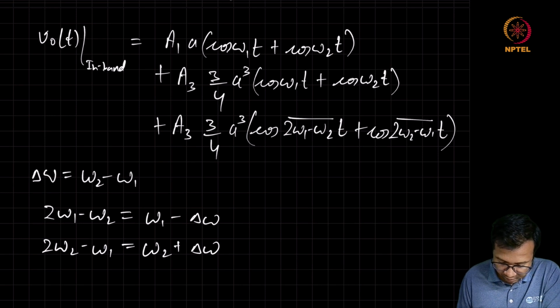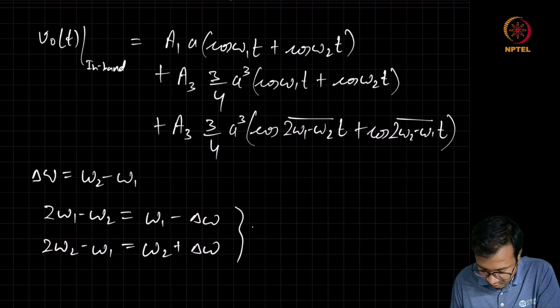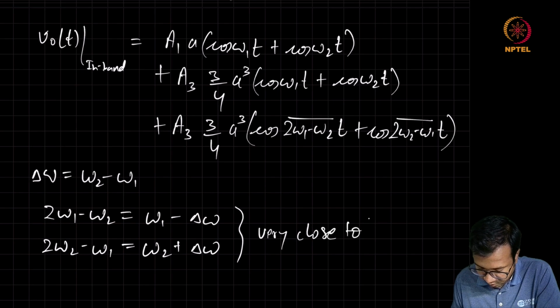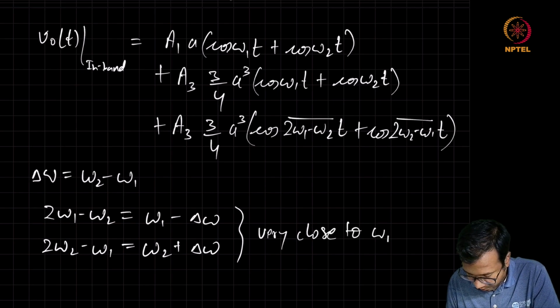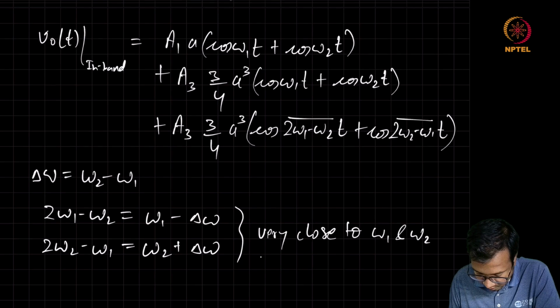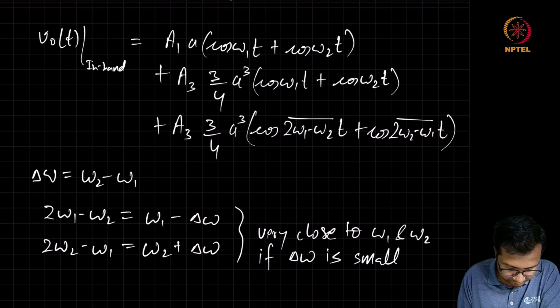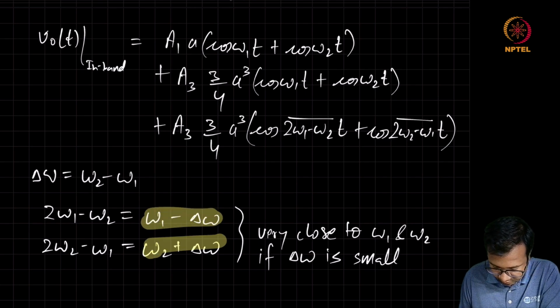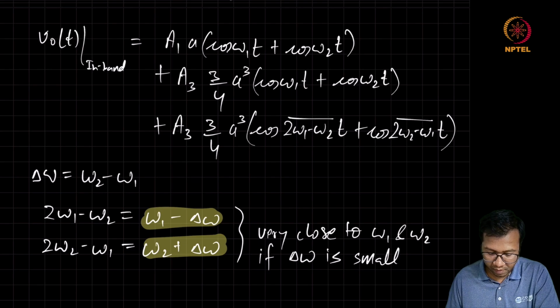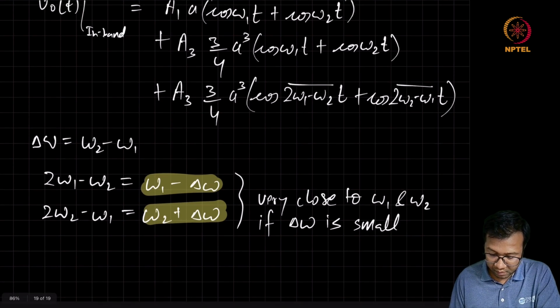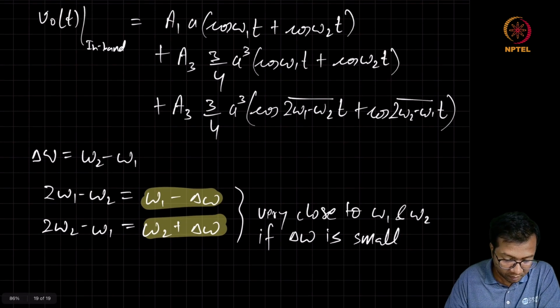Both of these are very close to omega 1 and omega 2 if delta omega is small. See the problem? This delta omega can be really small.